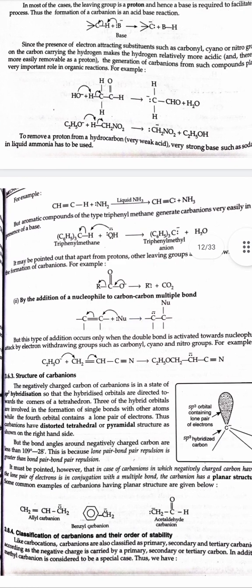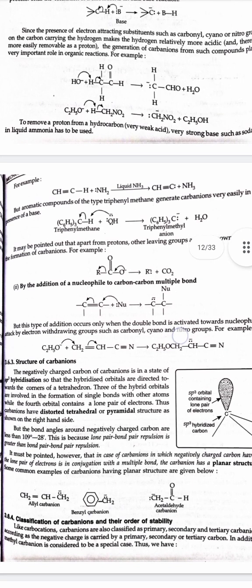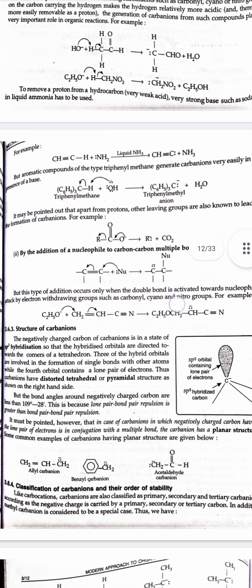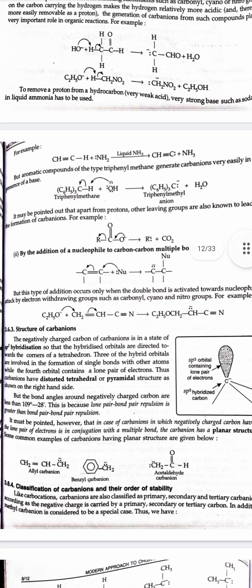But aromatic compounds of the type triphenylmethane generate carbanions very easily in presence of a base. It may be pointed out that apart from protons, other leaving groups are also known to lead to the formation of carbanions by the addition of a nucleophile to carbon-carbon multiple bond.